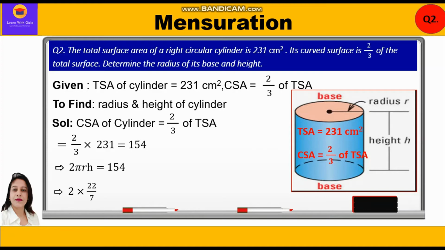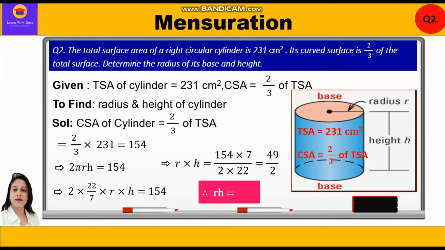Now we shall substitute the values. We will write 2 into 22 by 7 into r into h is equal to 154. Further, r into h is equal to 154 into 7 upon 2 into 22, which is equal to 49 by 2. So we got r into h, that is radius into height, is equal to 49 upon 2.